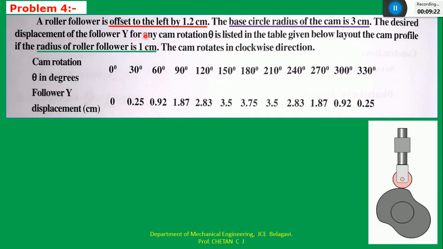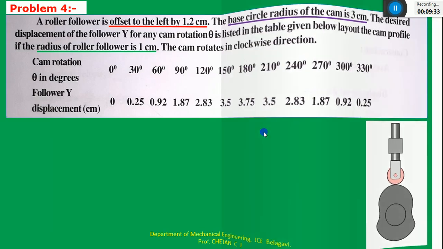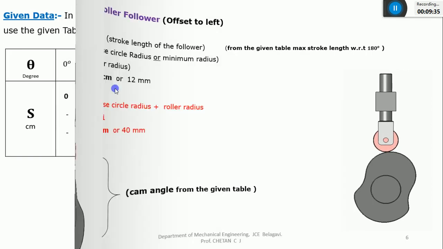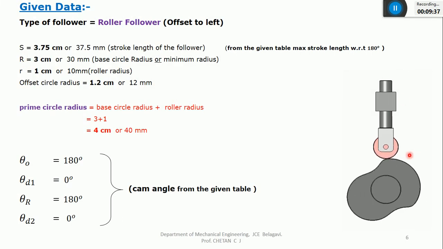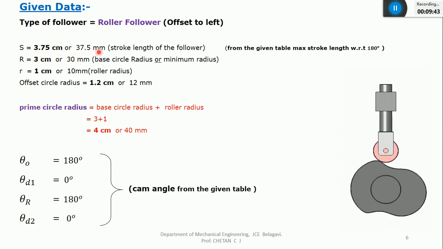In the problem, they have not mentioned the stroke length. Stroke length is nothing but the maximum distance that is traveled by the follower. So you can see it is 3.75. So this is the stroke length, 3.75 centimeters. If you want, you can convert into millimeters also.